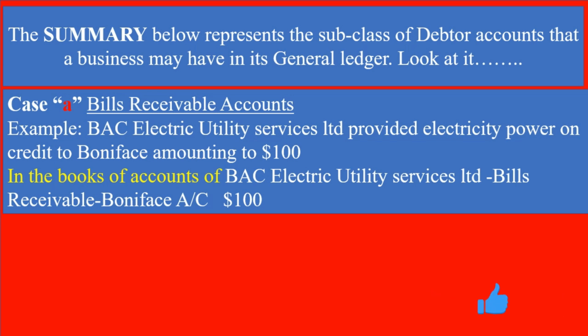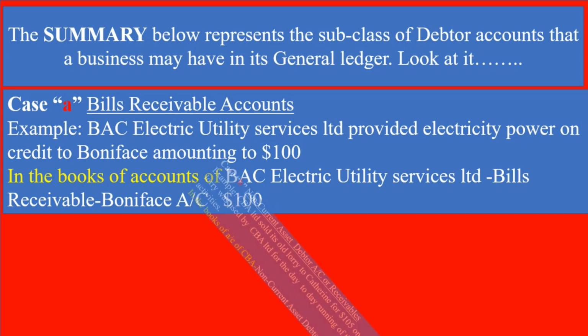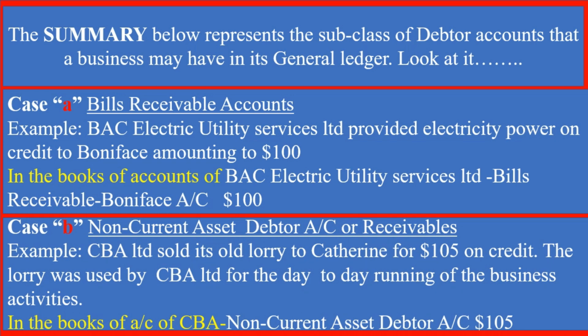So you realize that when you check in the books of accounts of BSC Electric Utility Services Limited, you will find an account known as bills receivable under the name of Boniface account, indicated $100.